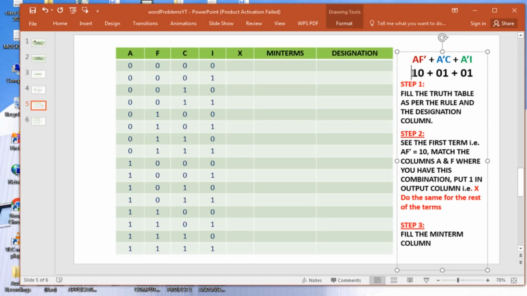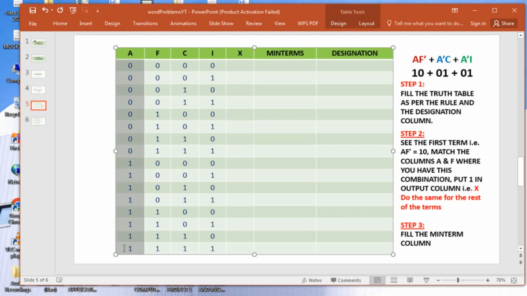So you have to see this combination 1 and 0 in column A and the F column. They are side by side, A and F. I have to check where you have 1 and 0. So 1 and 0 here you have, right?